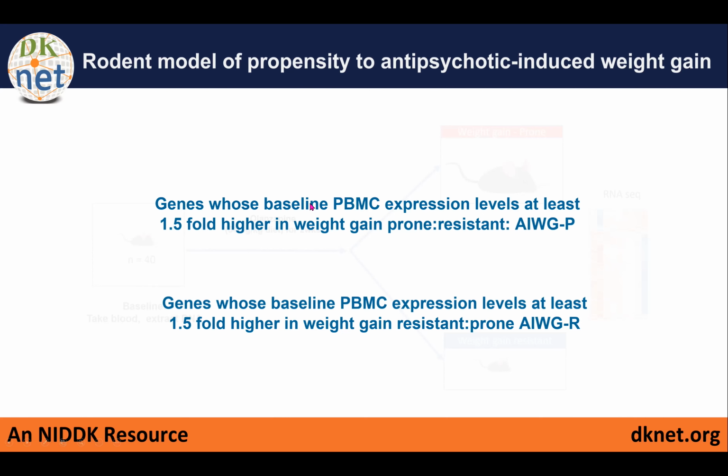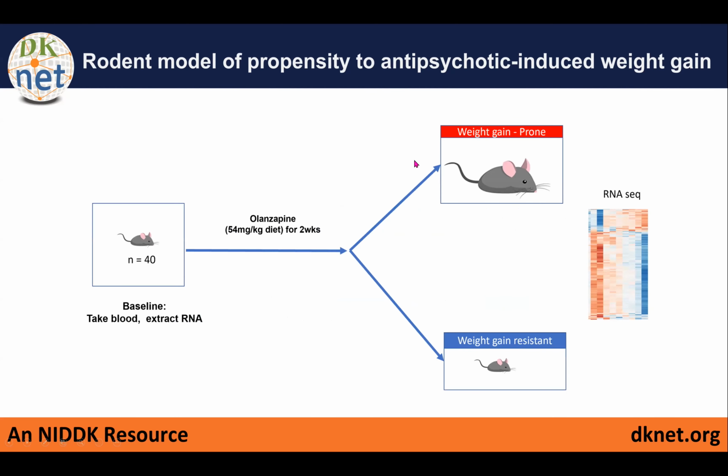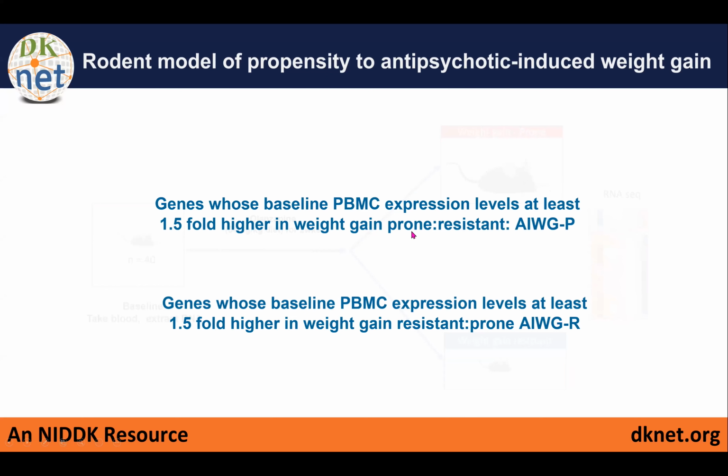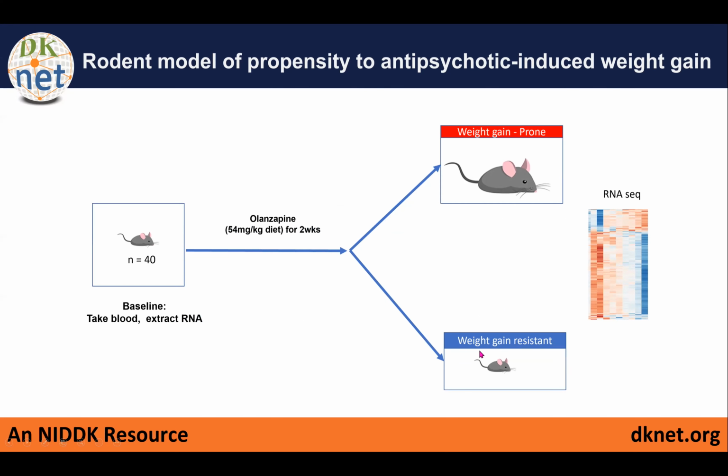There were those whose baseline blood expression levels were at least 1.5-fold higher in the weight gain individuals, and these were indicated as AIWGP. And then there were those whose baseline blood expression levels were at least 1.5-fold higher in these weight gain resistant individuals.